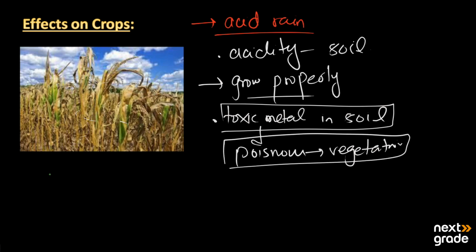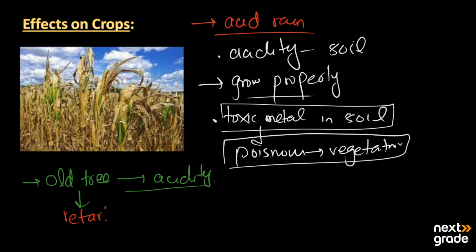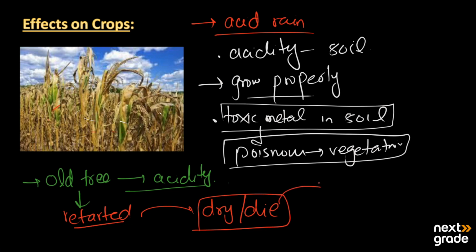On the other hand, even the old trees are also affected by the acidity of the soil, and their growth is retarded or stopped due to this process, and they just get dry, like looking in this picture, and in turn they start to die, and there will be no production of food by the crops or by the different plants.